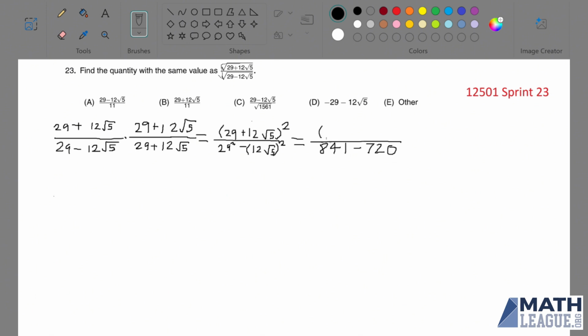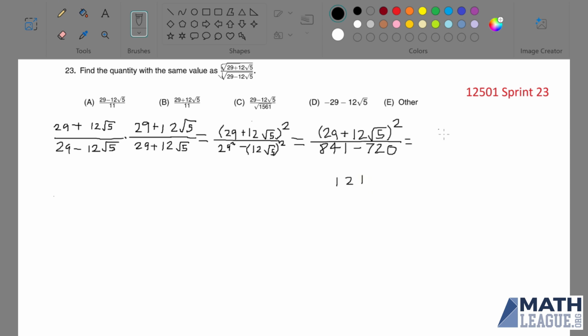And then up here we still have 29 plus 12 root 5 squared. And now, what is 841 minus 720? Well, if we calculate that out, that's 121.